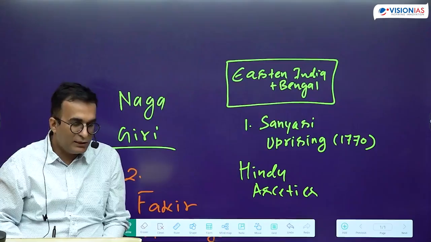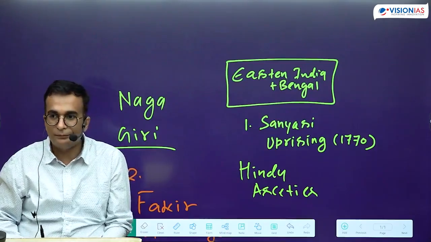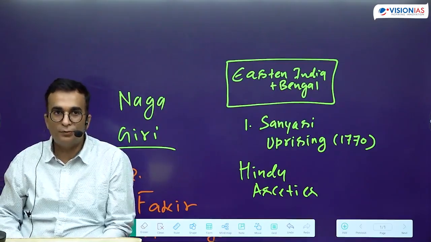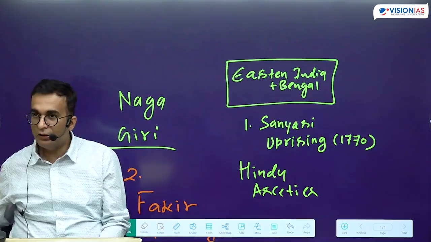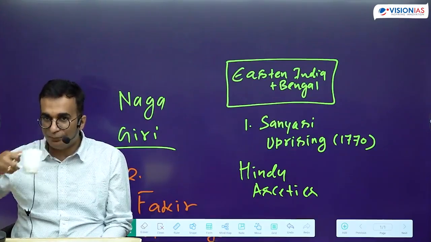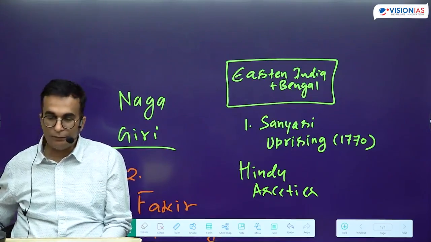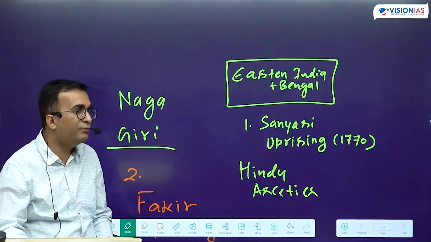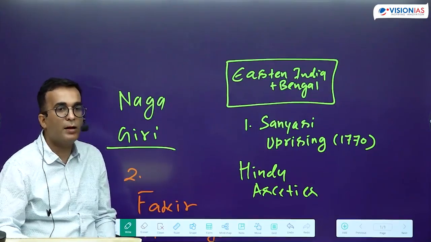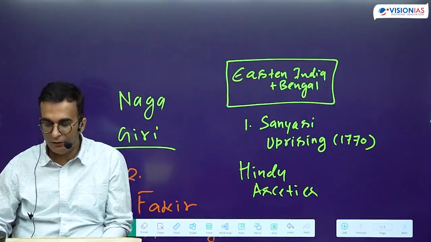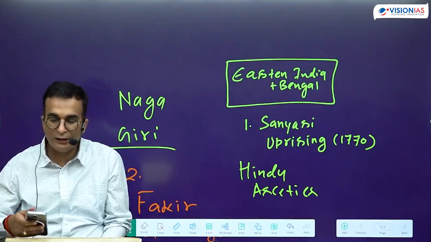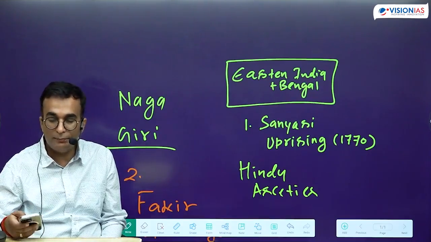In 1770, the British authority imposed a restriction on their movement, and they were not allowed to visit any religious place.